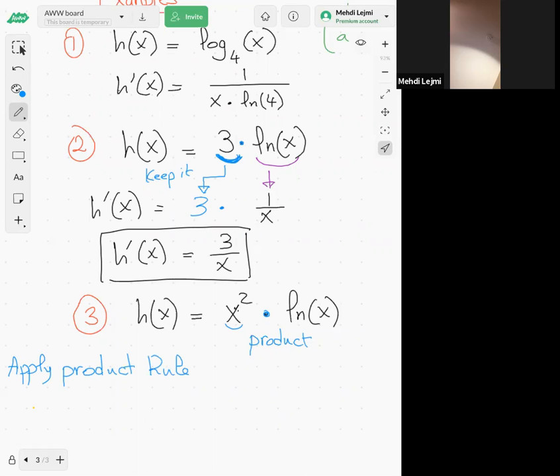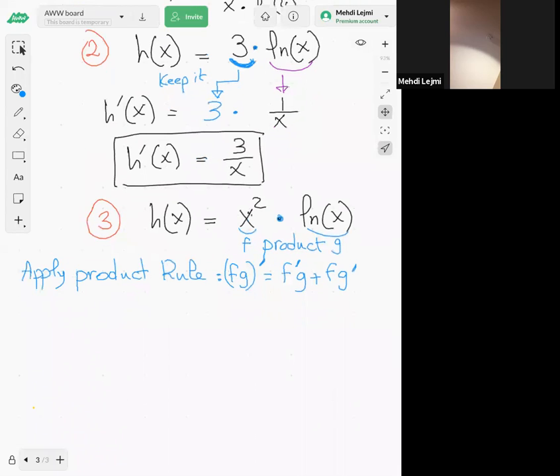Right, so remember the product rule. Let's say this is f, this is g. Then the product rule says the derivative of f times g is f prime times g plus f times g prime.